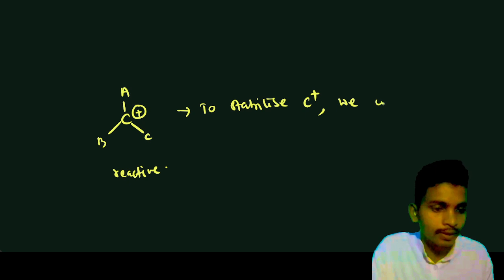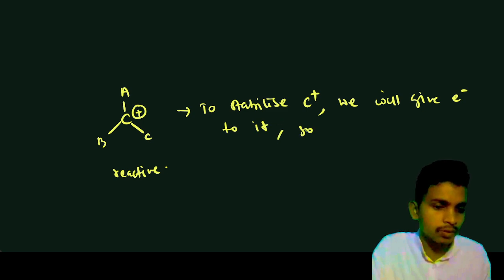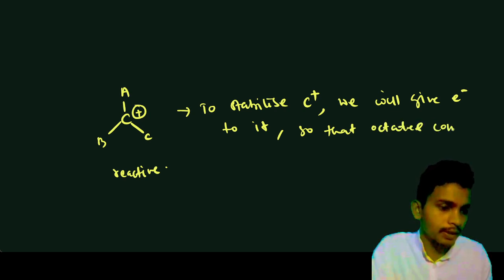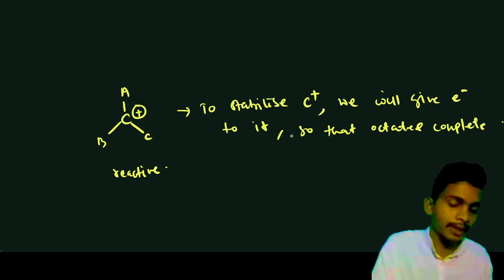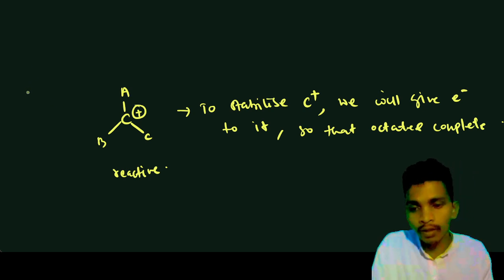we will give electrons to it so that the octet will be complete, and with the octet it will be unreactive, because the octet is the stable state.